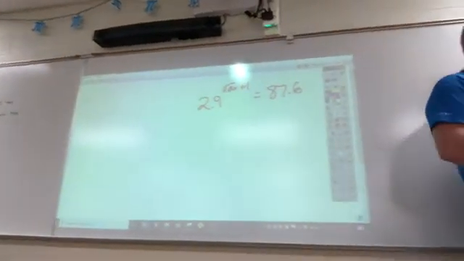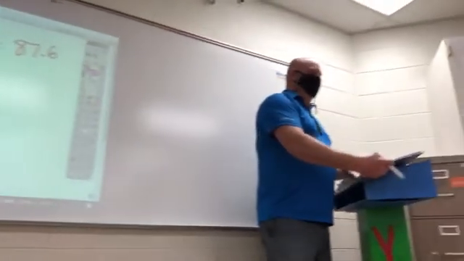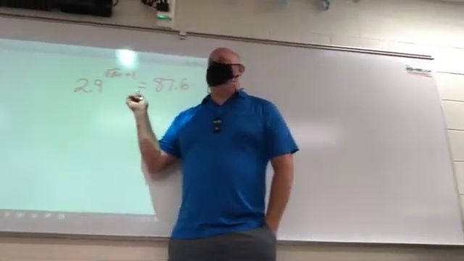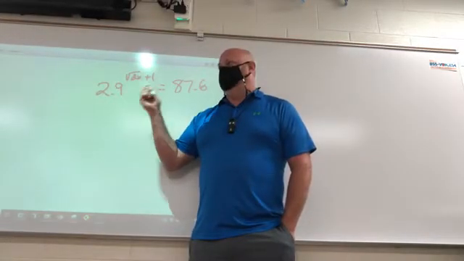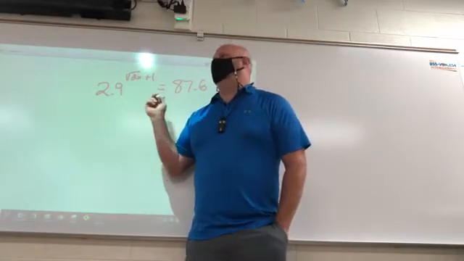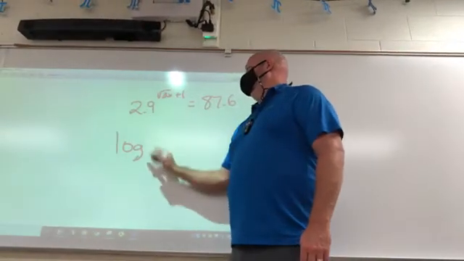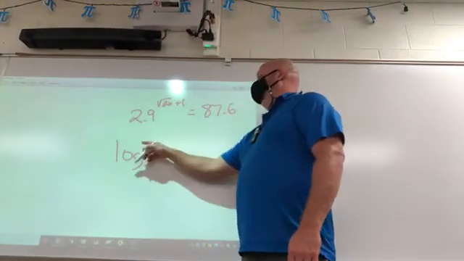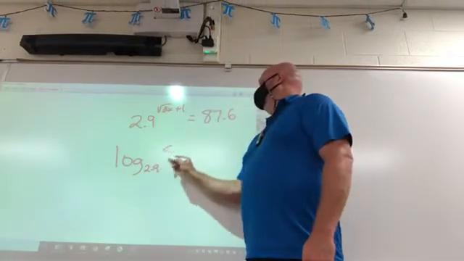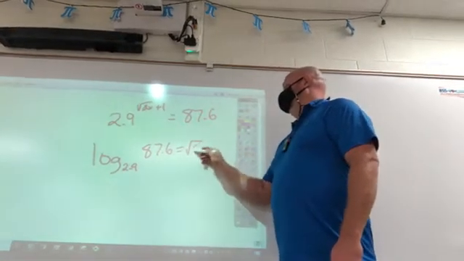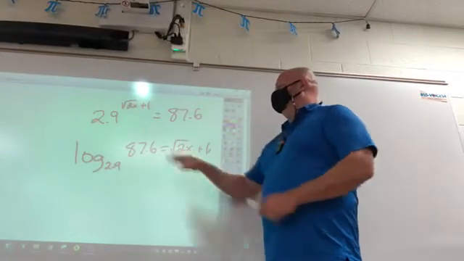So once you have an exponential equation like this, you're kind of stuck. What's the first thing you want to do? Switch forms, put it in log form. What would this be in log notation? Log base 2.9 of 87.6 is equal to the square root of 2x plus 1.